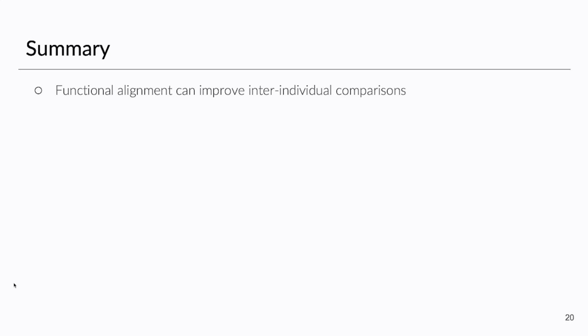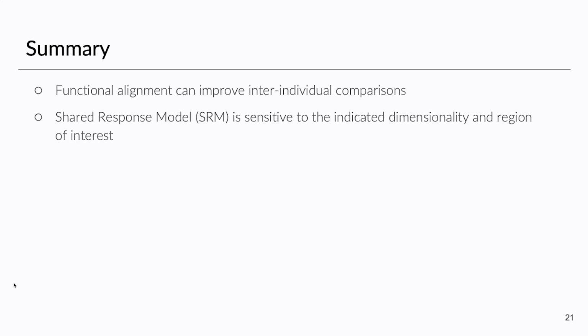So when we're thinking about differences in functional organization, how we can resolve individual variability in functional organization, as other speakers have shown, our work also suggested that functional alignment can indeed improve inter-individual comparisons. It can make it easier to resolve differences in spatial topography across individuals, but importantly, these methods need to be used with care and they need to be used consciously.